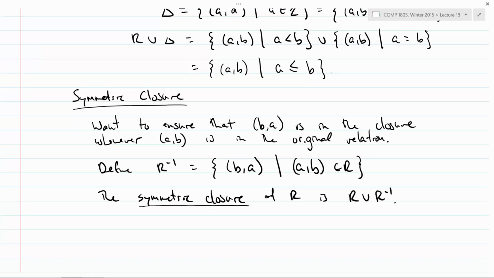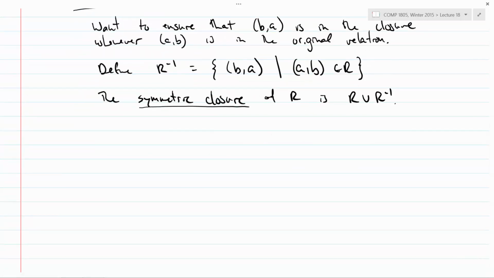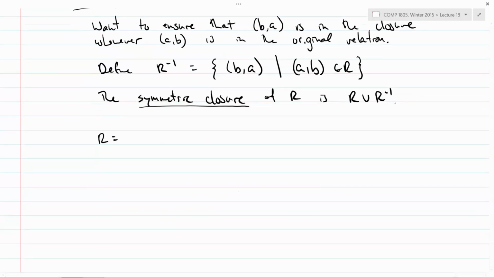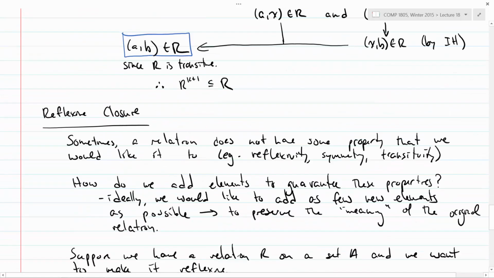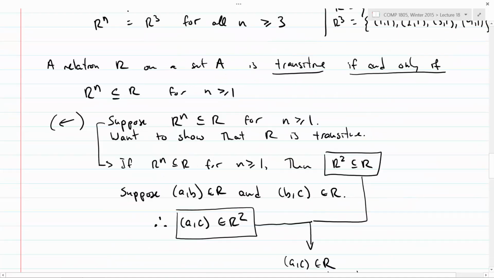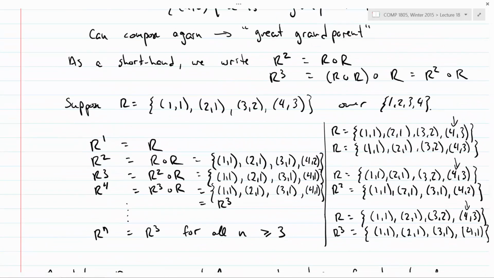Yeah? If you take R follows R inverse, do you get some weird R to the 0 thing? That's a good question. So what happens if you do R follows R inverse? Does anyone have any thoughts? (a, a)? Okay, well let's try it and see what happens. Let's do one of the examples I had earlier, just for the sake of consistency.